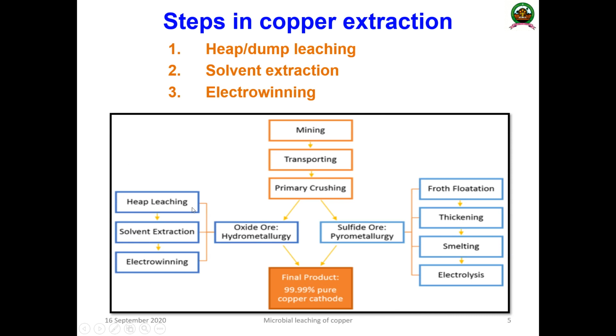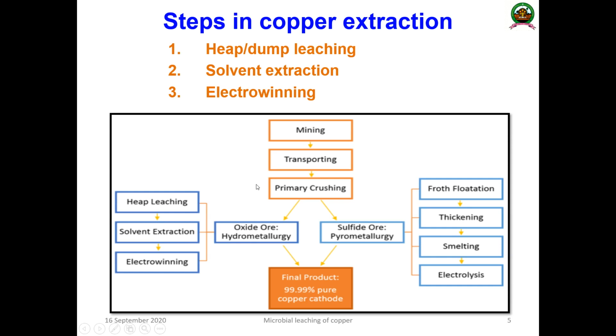So heap or dump leaching, the solvent extraction step, and electrowinning are the major steps of copper extraction that can be used for both oxide form and sulfide form. In these three steps, the first step, heap or dump leaching, has the microbiological role.